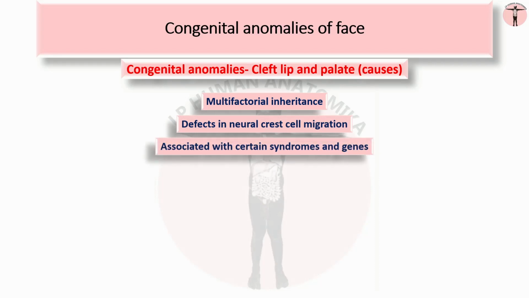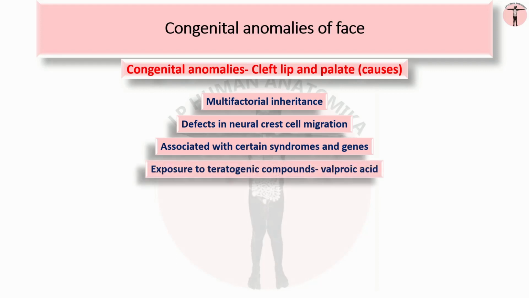Some cases are associated with certain syndromes and genes. Exposure to teratogenic compounds during pregnancy, such as anticonvulsant medications, particularly valproic acid. Cigarette smoking during pregnancy also increases the risk of having a baby with orofacial clefts.